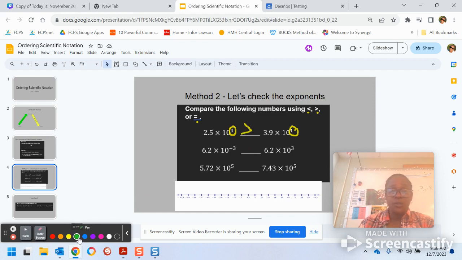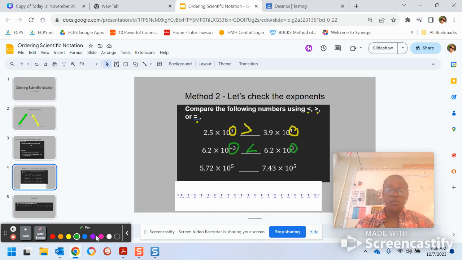When we go down to the next one, we have a negative 3, and then we have a positive 3. How do we read this? Is negative 3 greater than 3? Is negative 3 less than 3? I would always choose that negative numbers are smaller than positive numbers, so it would be less than.